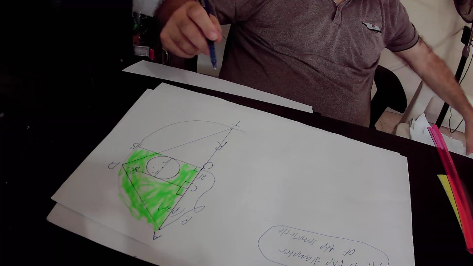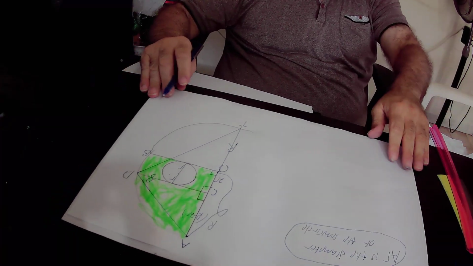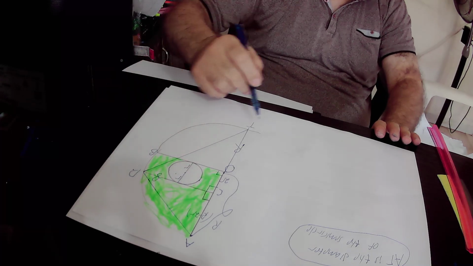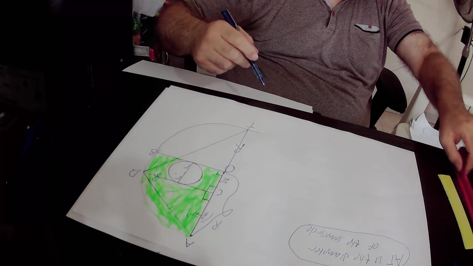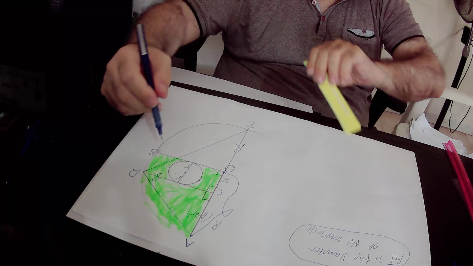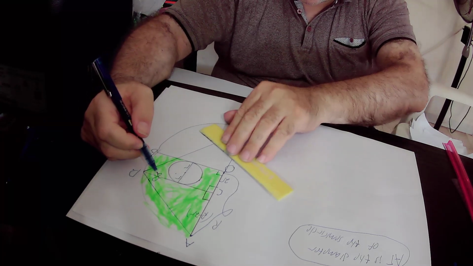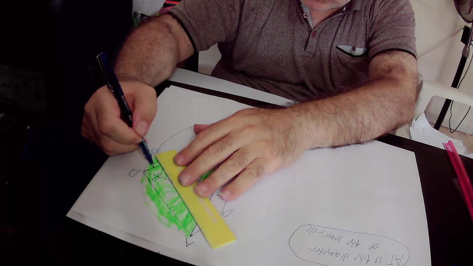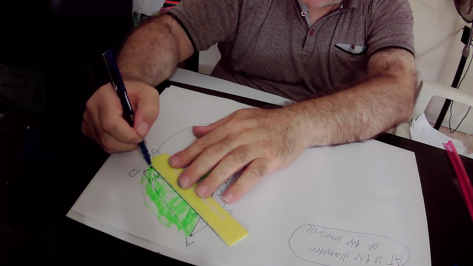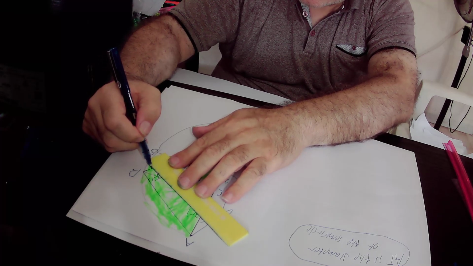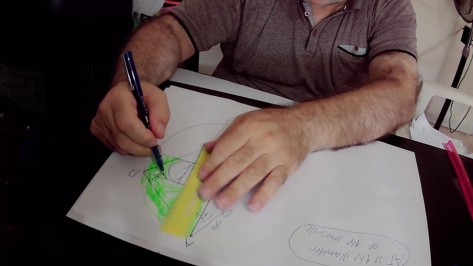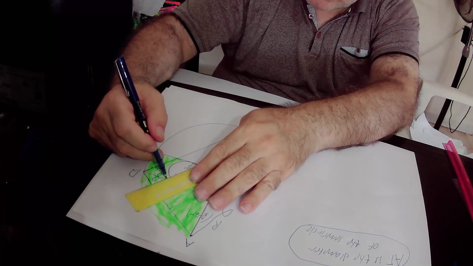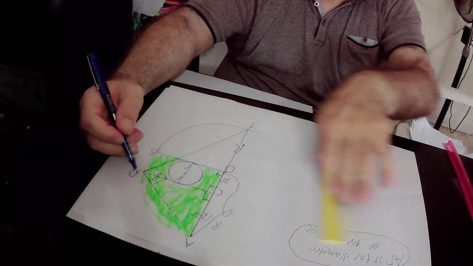Here we can implement rule number 5 in our drawing, because we have peripheral angle ADT that rests on AT, that is the diameter of the semicircle. Therefore, peripheral angle ADT equals 90 degrees according to rule number 5. Okay. Peripheral angle ADT equals 90 degrees.